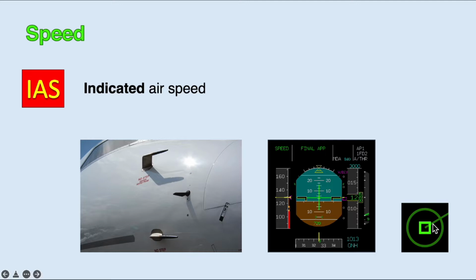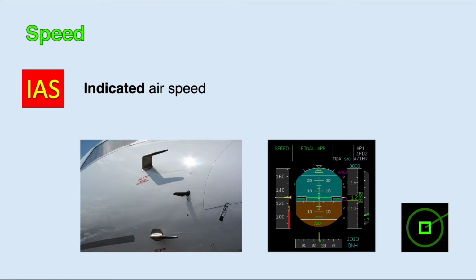Basically, the indicated airspeed is the speed that is measured by the plane with this instrument that is called a pitot tube. This instrument measures the amount of particles of air that enter through this tube, and with that, it calculates more or less the speed of the plane. But why is it called indicated airspeed?